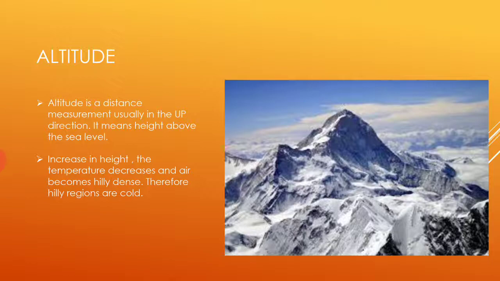And altitude is a distance measurement usually in the up direction. It means height above the sea level. With increase in height, the temperature decreases and air becomes less dense. Therefore, hilly regions are cold.